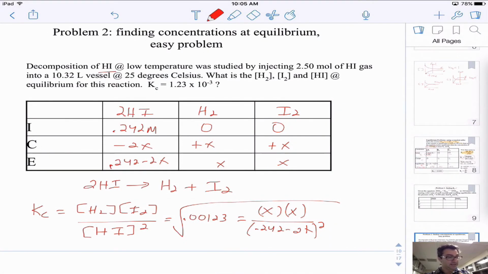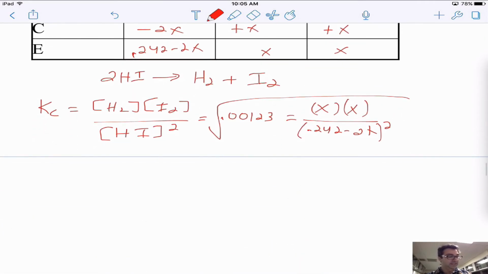If I take the square root of 0.00123, I get 0.0351. So 0.0351 equals x over 0.242 minus 2x.